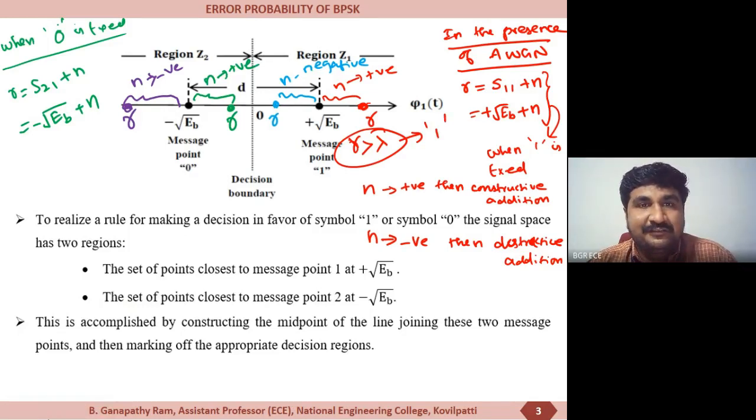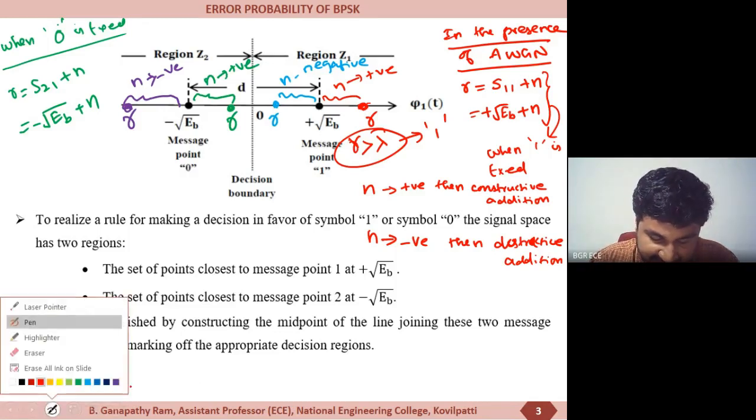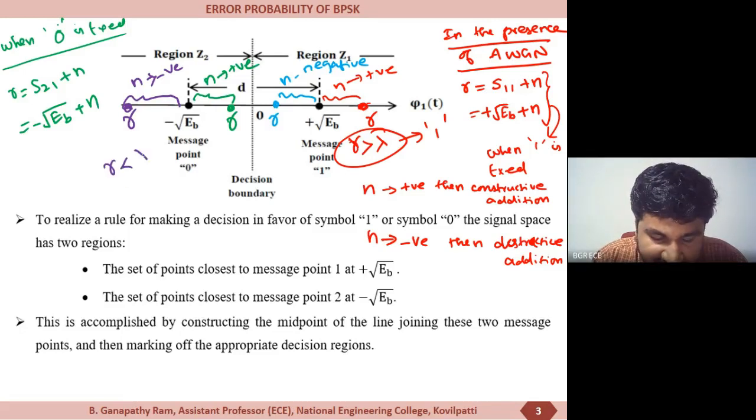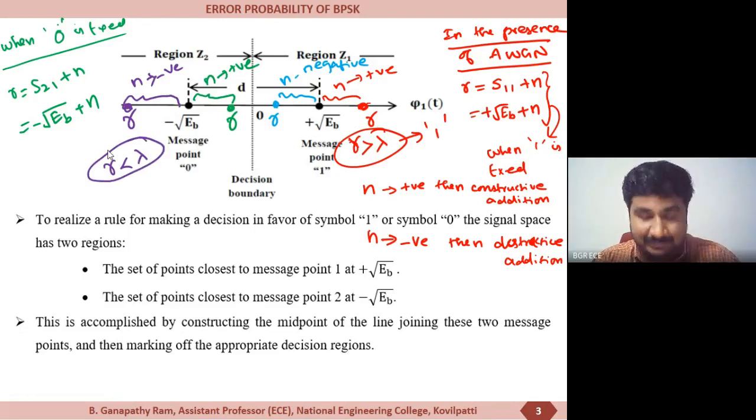Similarly, if the binary data 0 is transmitted by the transmitter and the additive white Gaussian noise has a destructive addition effect on the signal, then we need not bother about it, because the decision rule for detecting the binary data 0 is R less than lambda. So it will decide in favor of the binary data 0.